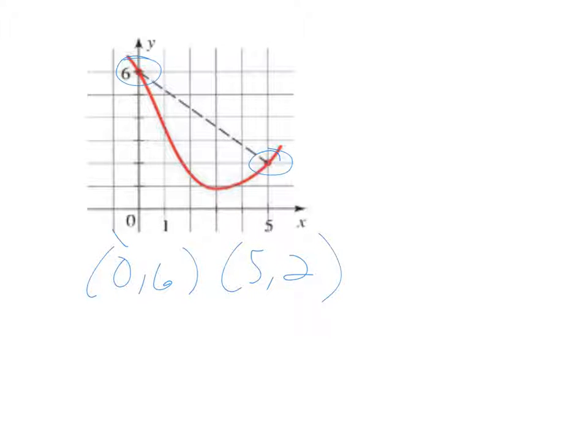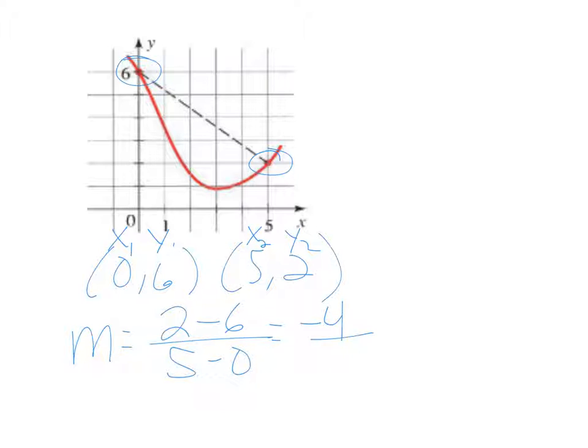So we have 2 points, x1, y1, x2, y2, and the average rate of change is just the slope, which would be 2 minus 6 over 5 minus 0, negative 4/5. So the average rate of change, since it's negative, means we're decreasing, and it's actually the slope of that dotted line. That's called a secant line. So the average rate of change is the slope of the secant line.